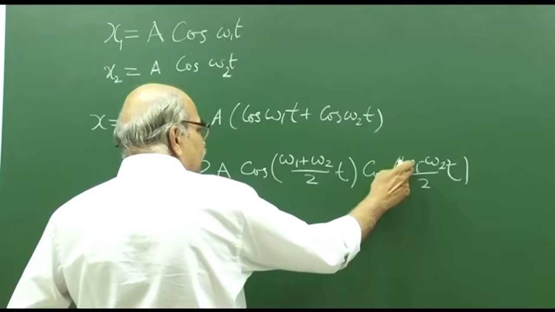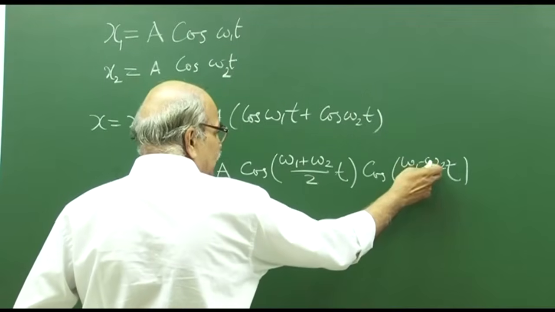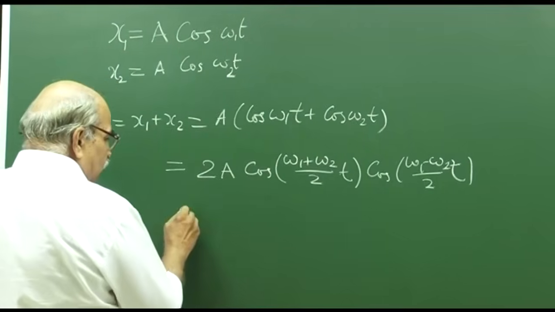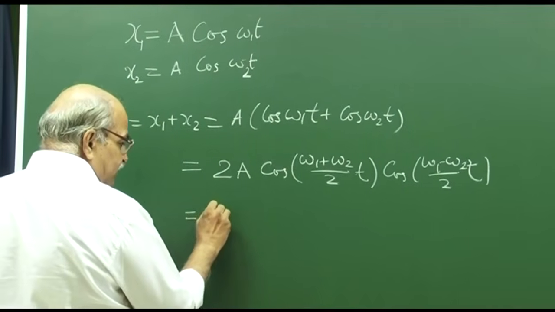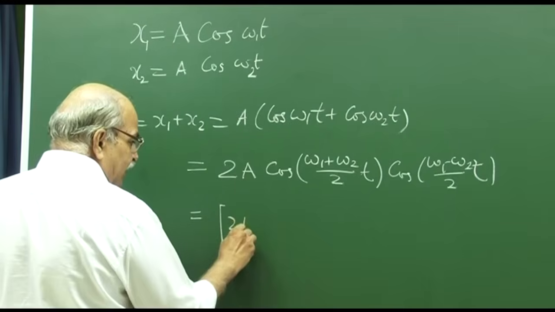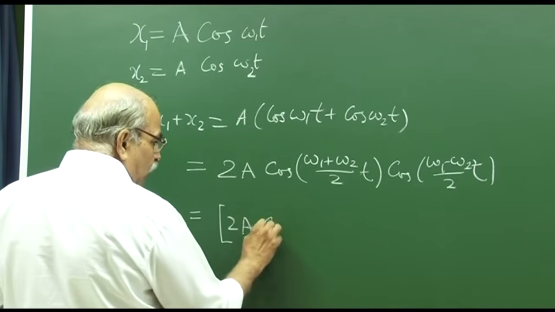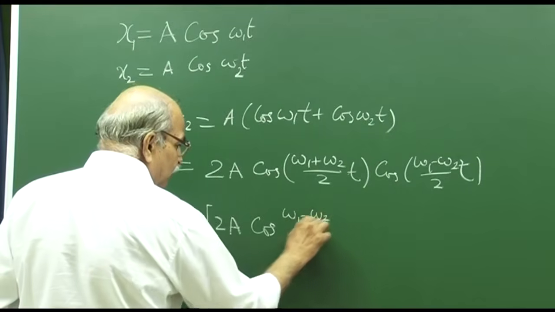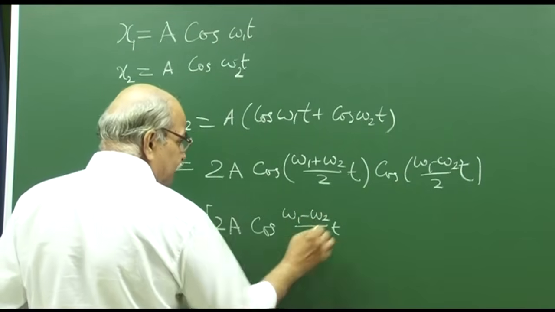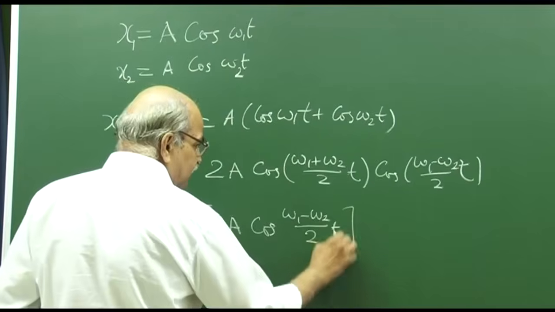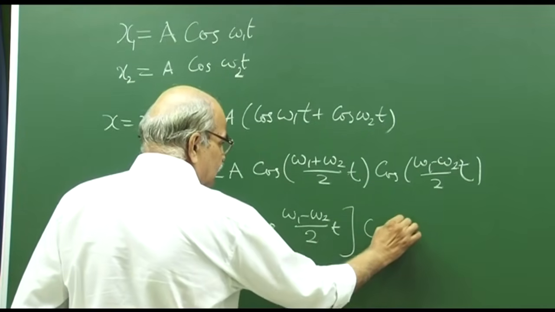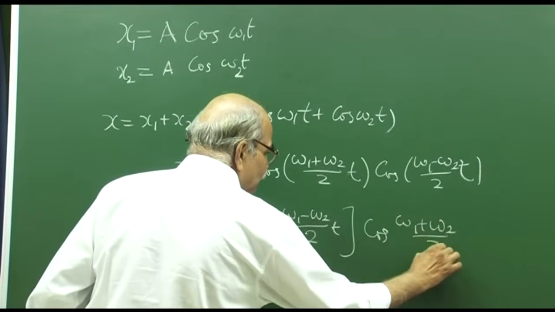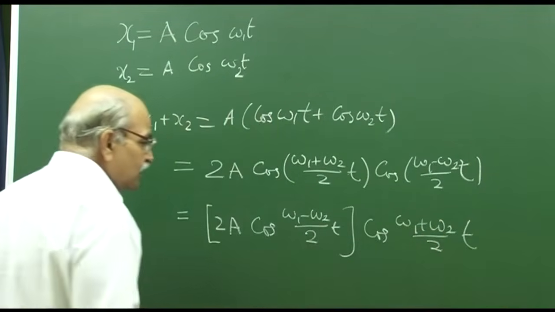Whether it is omega 1 minus omega 2 or omega 2 minus omega 1 does not matter, it is cos. Now, let me rewrite this as 2a cos (omega 1 minus omega 2)/2 t, and then this factor cos (omega 1 plus omega 2)/2 t.